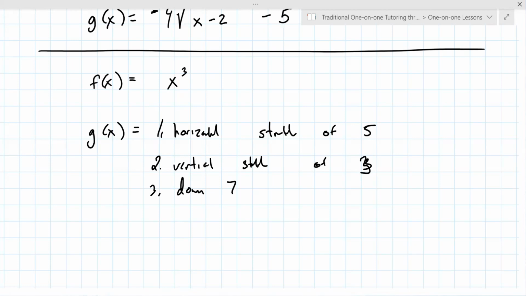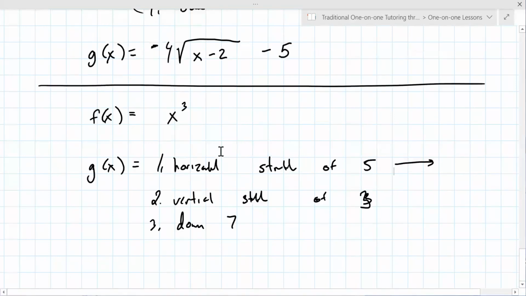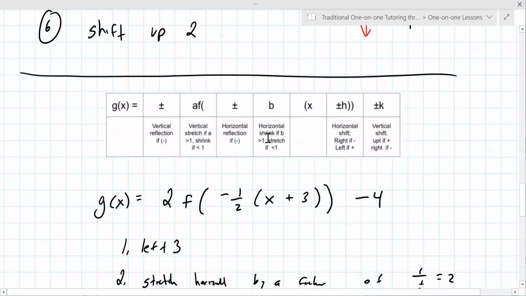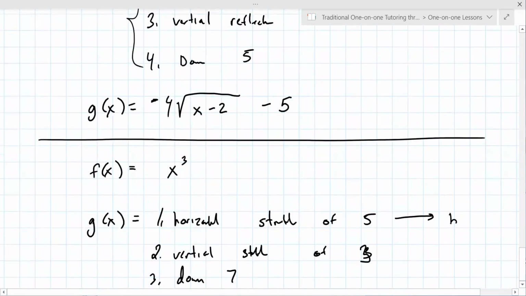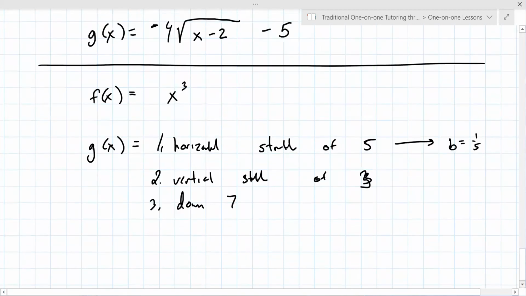How are you doing on this one? I'm a little stuck. Okay, so the horizontal stretch of 5 translates into a b value. B is the one inside here. It's the reciprocal. So it means that b is 1/5. And that's what goes inside there.